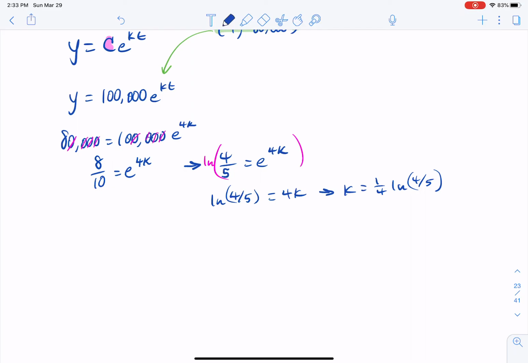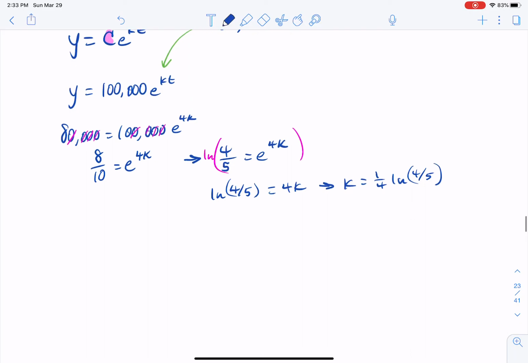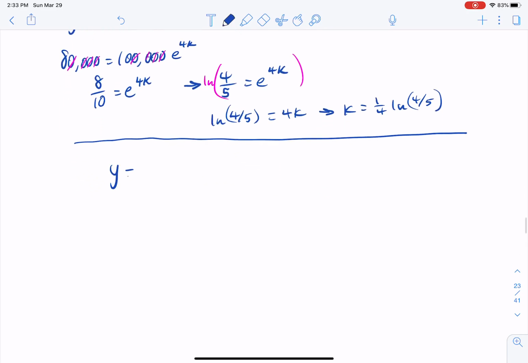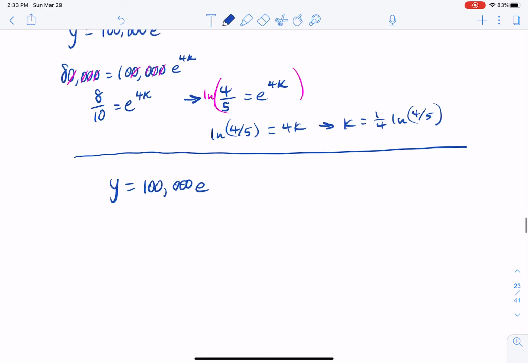But if you do that, just make sure that you use as many decimals as possible before you round to get your final answer. Okay, so I'm going to rewrite my exponential decay equation as y is equal to 100,000 e to this new exponent, which is 1/4 natural log of 4/5, all of that times t.